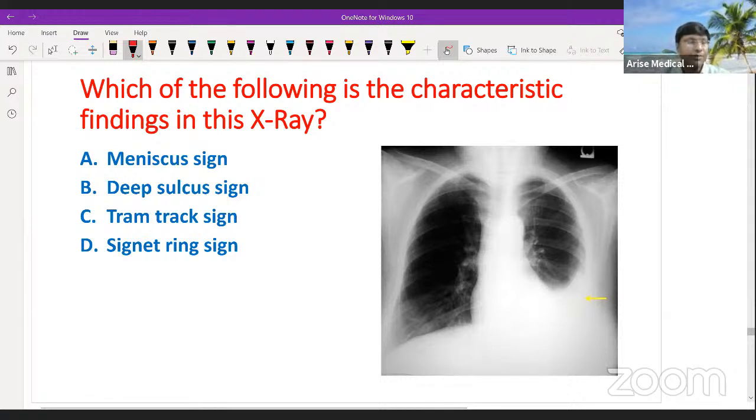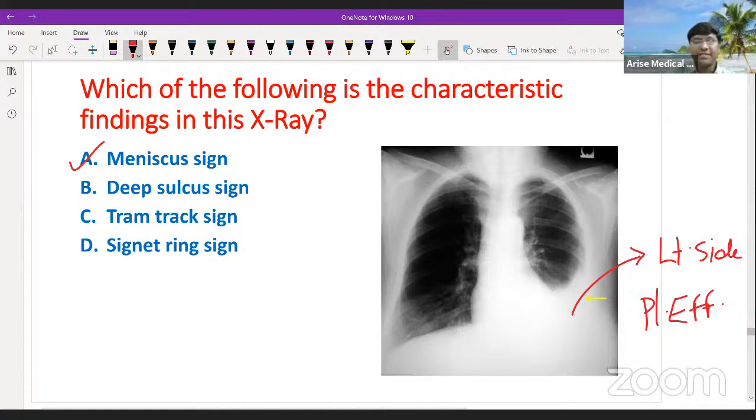Very good, Samuel Alamotu and Avinash. So this is nothing but your meniscus sign. What are you observing actually? It is the presence of left-sided pleural effusion.